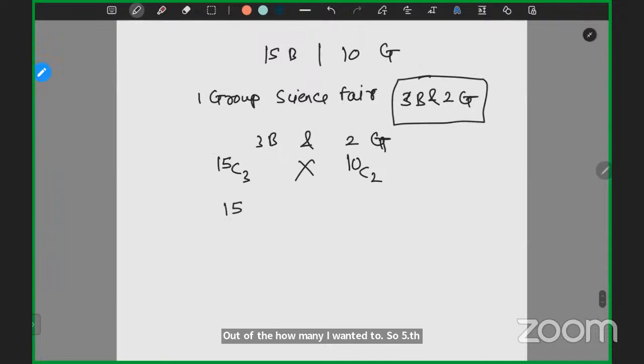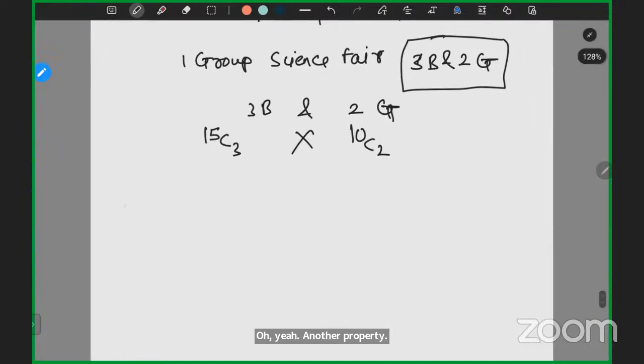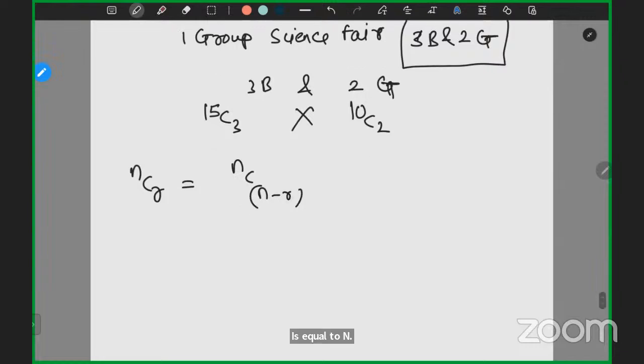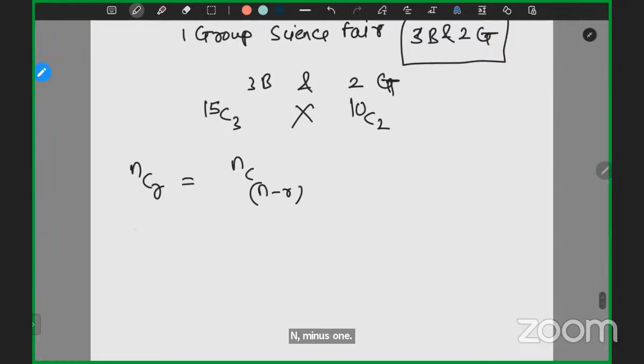Another property of combination I can give you is nCr is equal to nC(n minus r). We can prove it. Let's say I have 6 things and I'm choosing 2 of them.